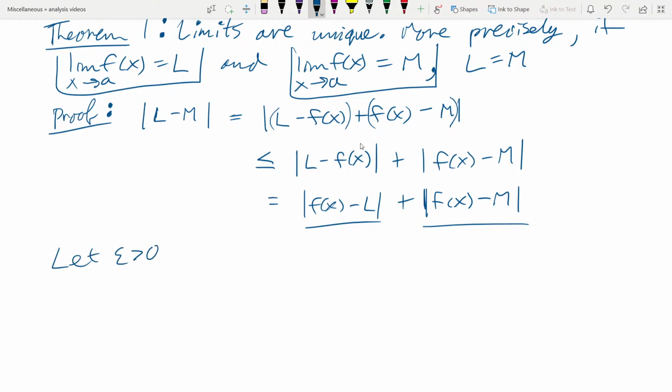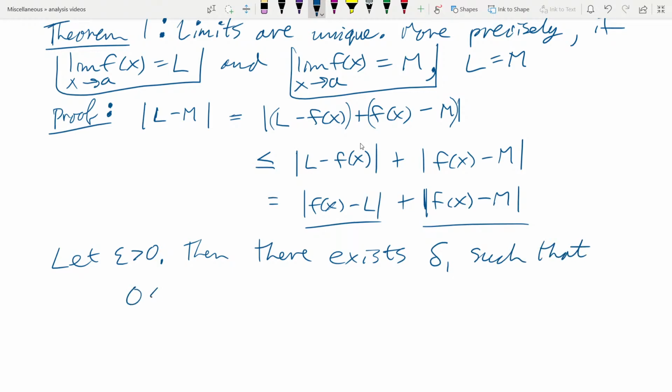If we let epsilon be bigger than 0, then there exists a delta 1 such that 0 less than absolute value of x minus a less than delta 1 implies absolute value of f of x minus L is less than, say, epsilon over 2.